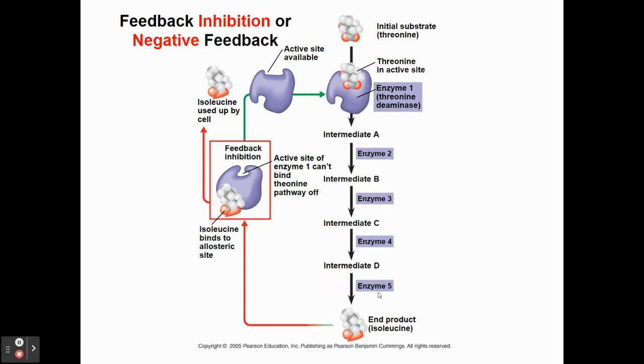There's also positive feedback, and the most common example of positive feedback would be childbirth. As the baby is being born, its head is pushing against the cervix of the mother, and nerve endings there send a signal to the hypothalamus, which then signals the posterior pituitary gland to release a hormone called oxytocin.